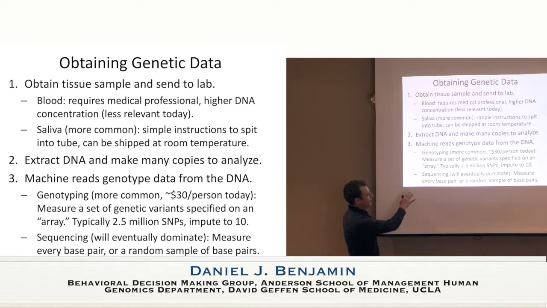And then the other technology that's worth knowing about is sequencing, because it's getting cheaper and cheaper. That's where you literally measure every base pair in the genome. That's how we often think about sequencing, like with the Human Genome Project.